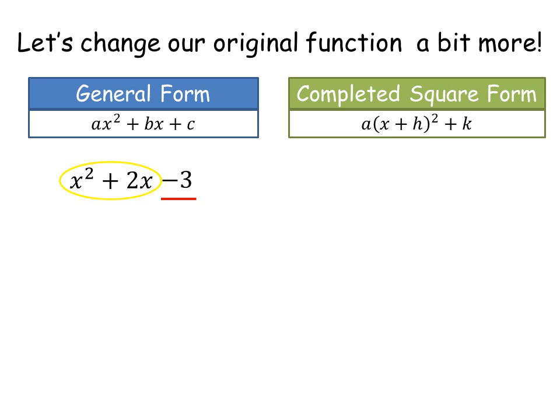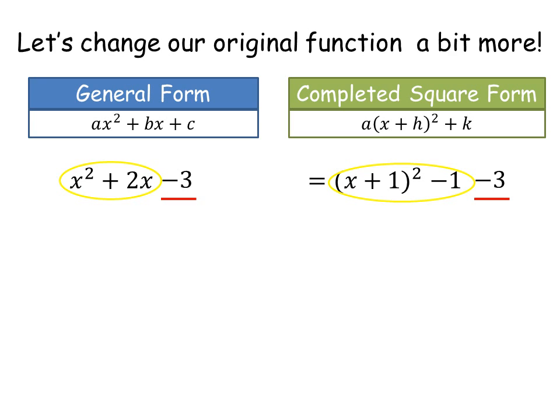I know what to do with those. I know that x squared plus 2x is equal to x plus 1 all squared minus 1. So these two yellow terms are equivalent. So the only thing throwing off the equality is the fact that I've got minus 3 on my left-hand side. Well, that's easy to deal with. Just put minus 3 on my right-hand side and I've got a balance.